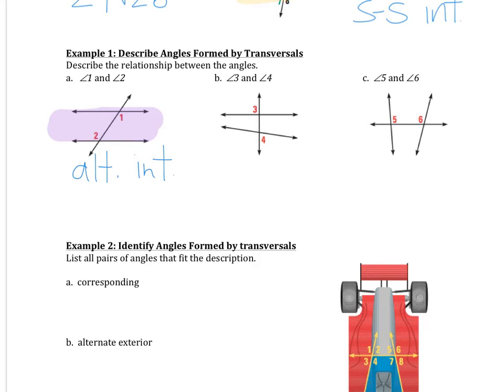If I look at the next one, I notice that they are above and below. So that means they're outside and they're on opposite sides of the transversal. Alternate means opposite. Exterior.